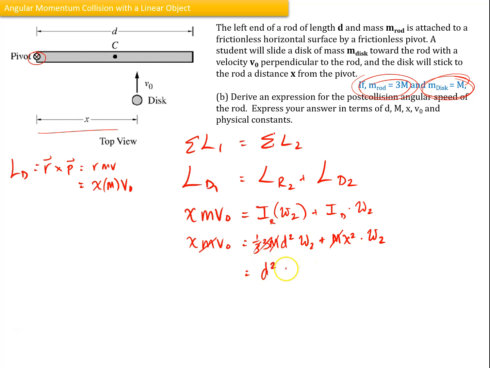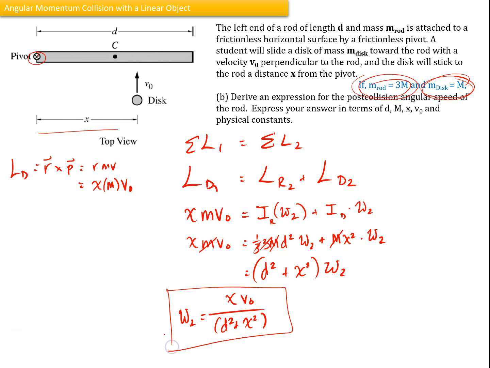We get d squared plus x squared times omega 2. And then if we divide both sides by that, we get that omega 2 is equal to x v0 over d squared plus x squared. And there is our final angular velocity after the disk hits this thing.